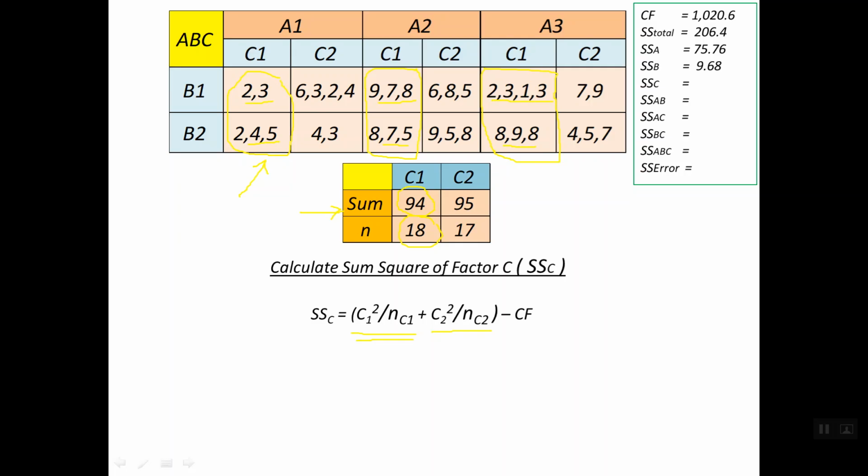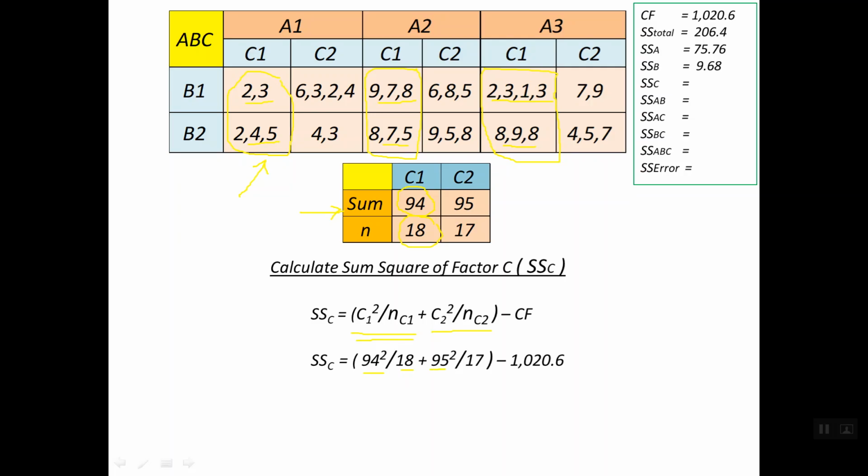The same way for the calculations of C2, we have a sum of 95 and N for C2 is equal to 17. Now we can simply substitute in the main formula for SSC. We have the 94, which is the sum of C1, we square it, and this is the number of observations for C1.